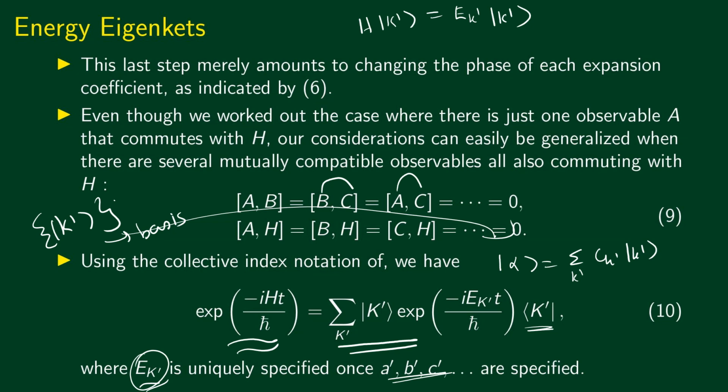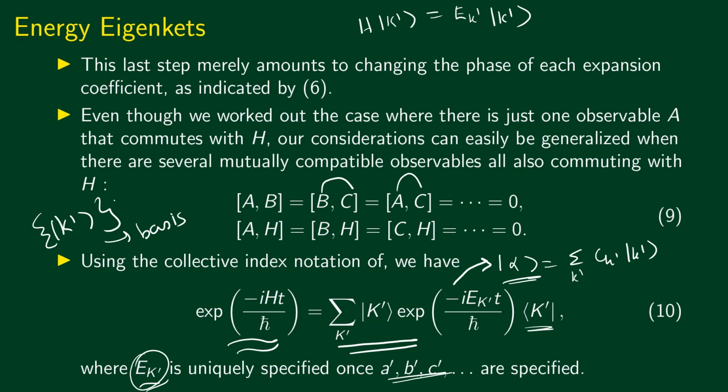Now, in order to find the state at any later time, you apply this operator to this state. And we'll see exactly as before that the only thing that happens is that each of these expansion coefficients gets modified. They just get multiplied by a phase factor.